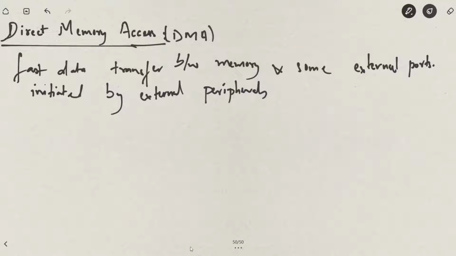So directly transferring the data between the external device and the memory of the microprocessor. There are two pins, pin number 38 and 39, HOLD and HLDA, which are used in direct memory access.